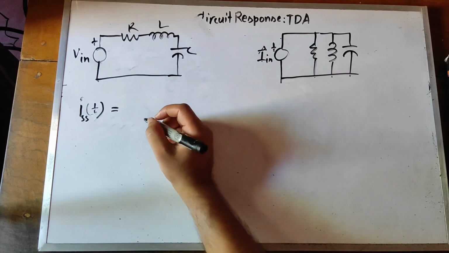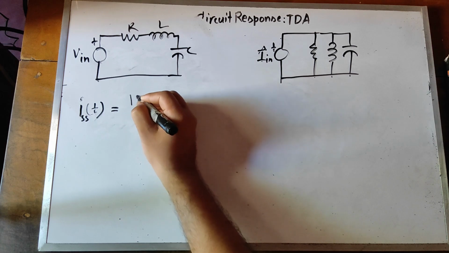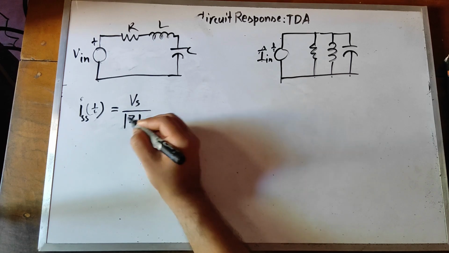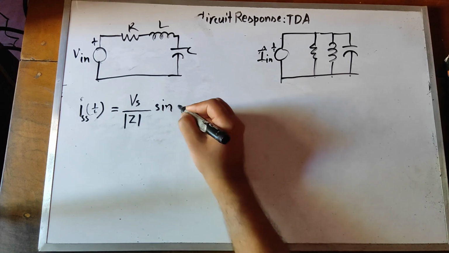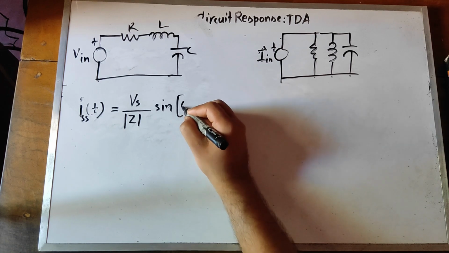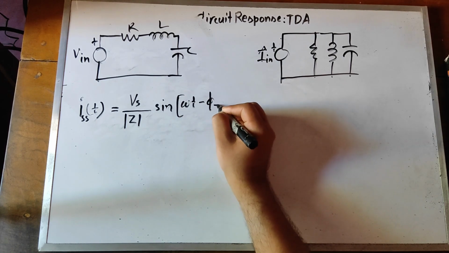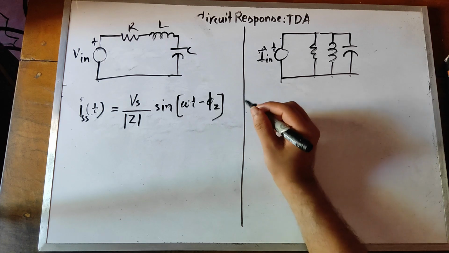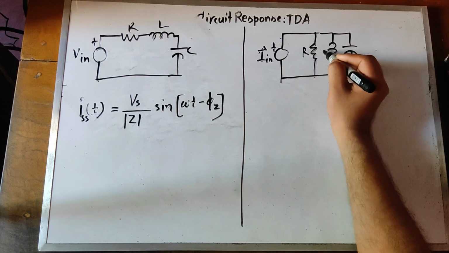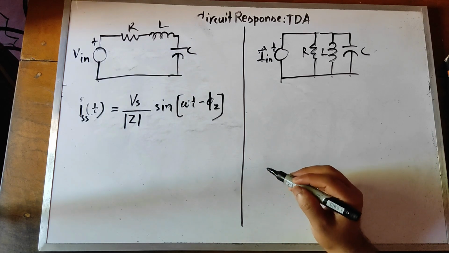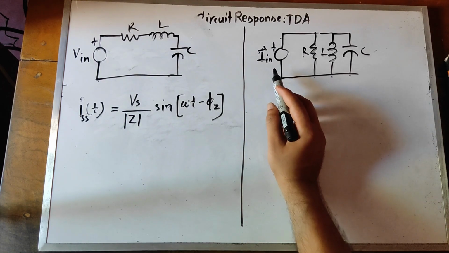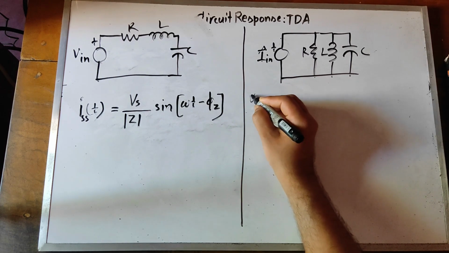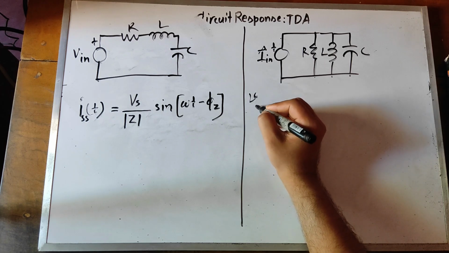So I(t) should be Vm, the voltage magnitude, by the impedance, and the sinusoid part, sine omega t minus phi Z. And for the parallel RLC circuit, for the current input excitation, the circuit response will be voltage, and I am interested only in the steady state part.